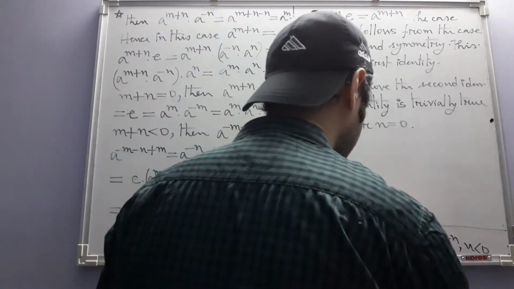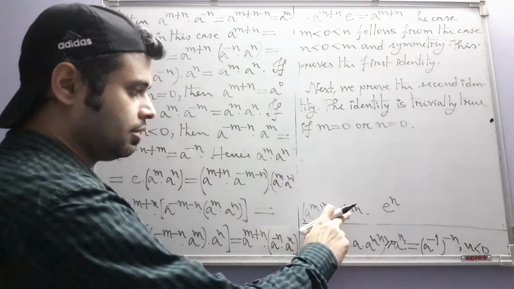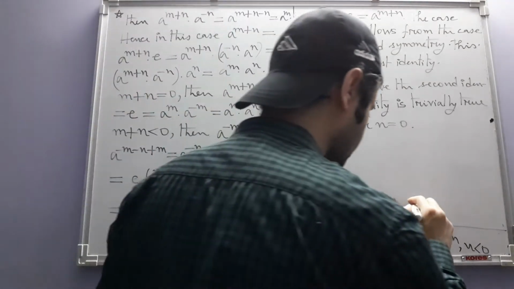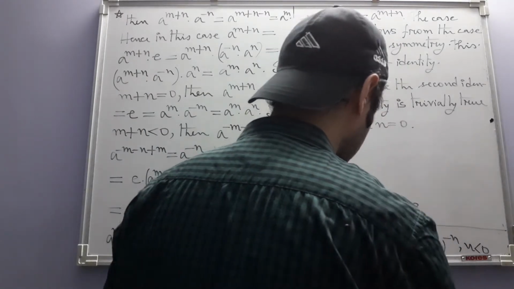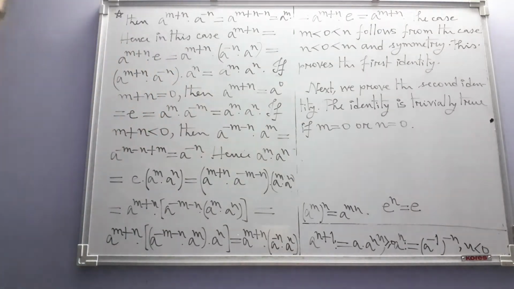If we have m equal to 0, then on the left hand side we have e to the power n. Here however we have a to the power 0 itself, so we have e. So it seems to suggest that e to the power n is equal to e for any integer n.